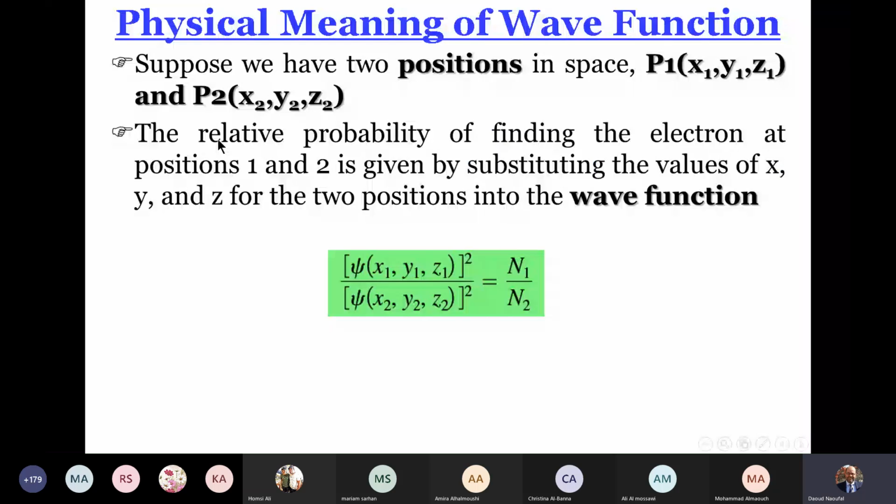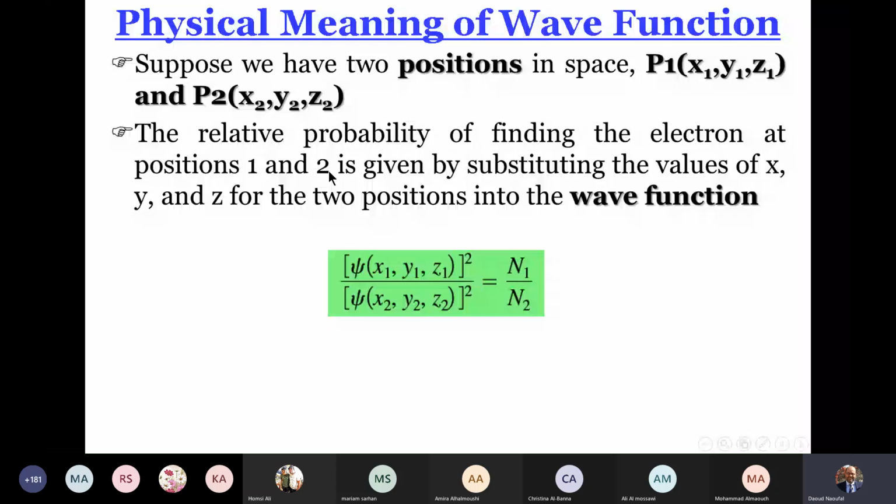The relative probability of finding the electron at position 1 and position 2 is given by substituting x1, y1, z1 in the Schrodinger equation. So we obtain psi1 for the point P1 and psi2 for the point P2.